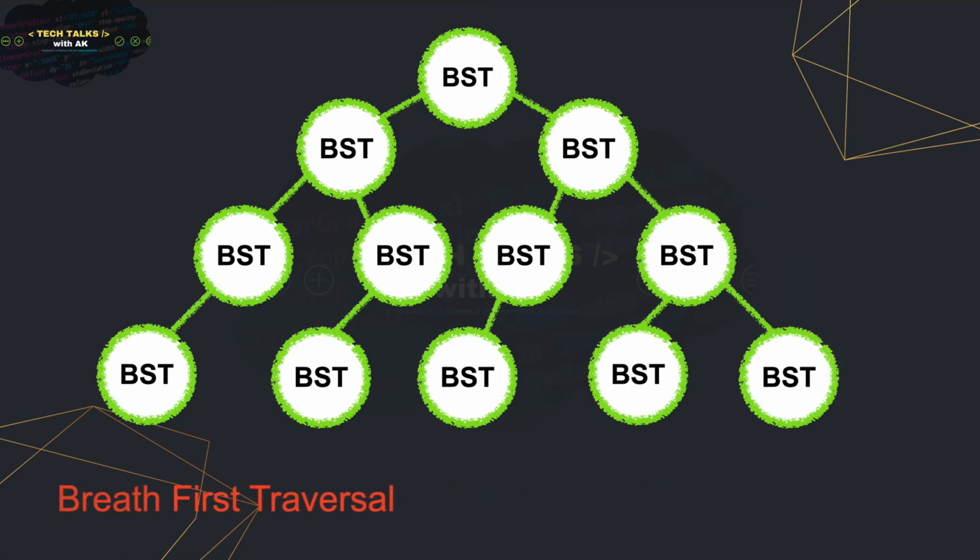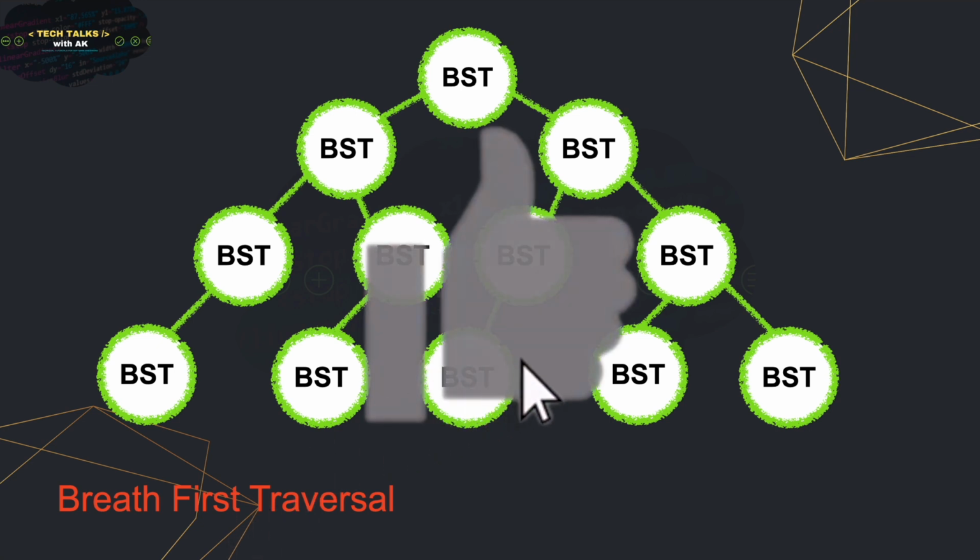In breadth first traversal, we also start at the top, but we will go across each level before moving down to the next level, as you can see in this diagram.